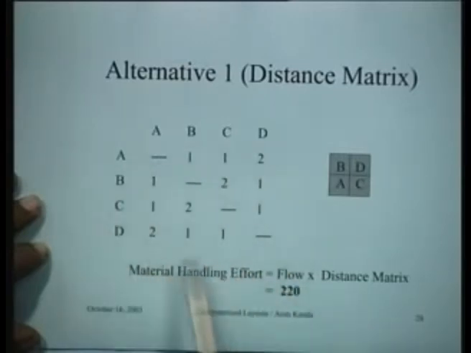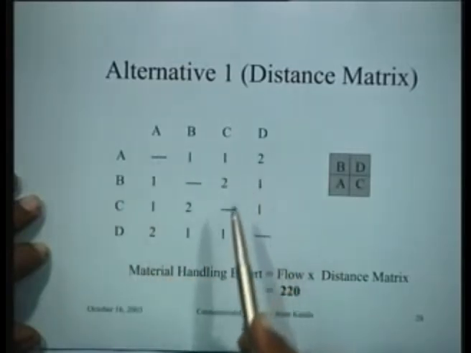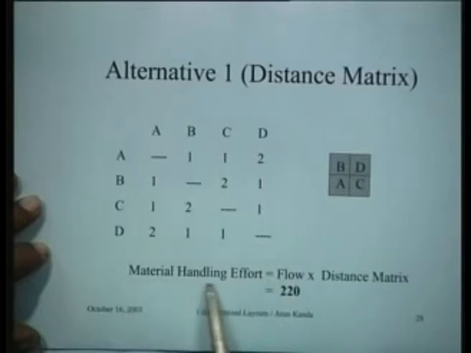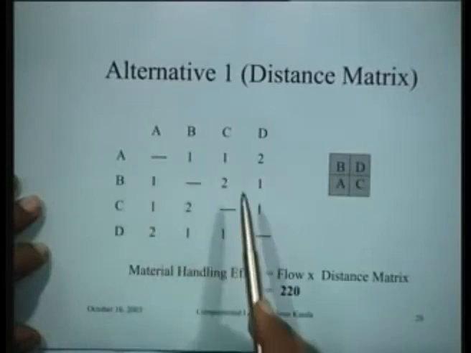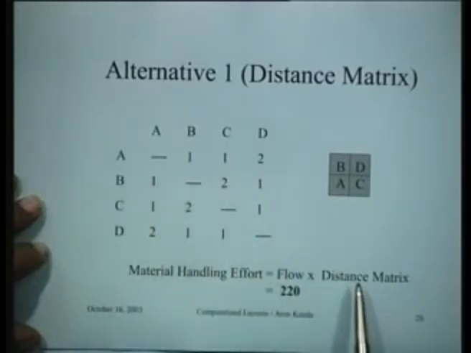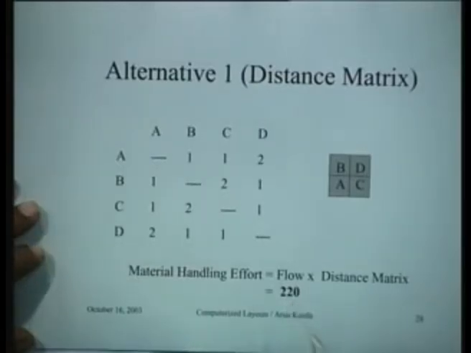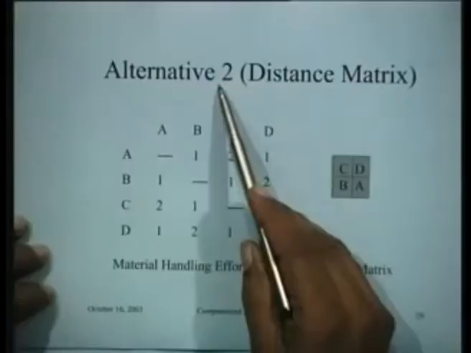And what we do is we calculate the material handling effort, which is nothing but the flow matrix, which remains unchanged, multiplied with this distance matrix, and again find out the total score. For this particular case the total score works out to 220.